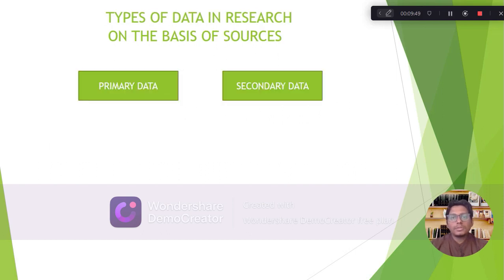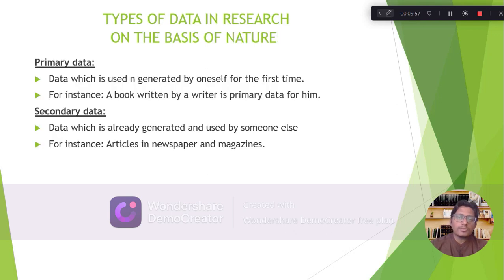Now, the third categorization of data is on the basis of sources. So we have two sources, primary source and secondary source. If we generate data by ourselves, this type of data is used by oneself.